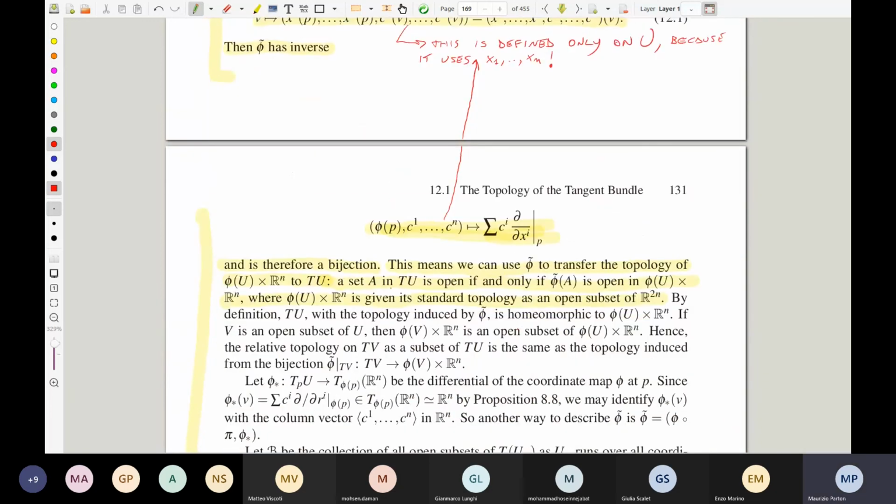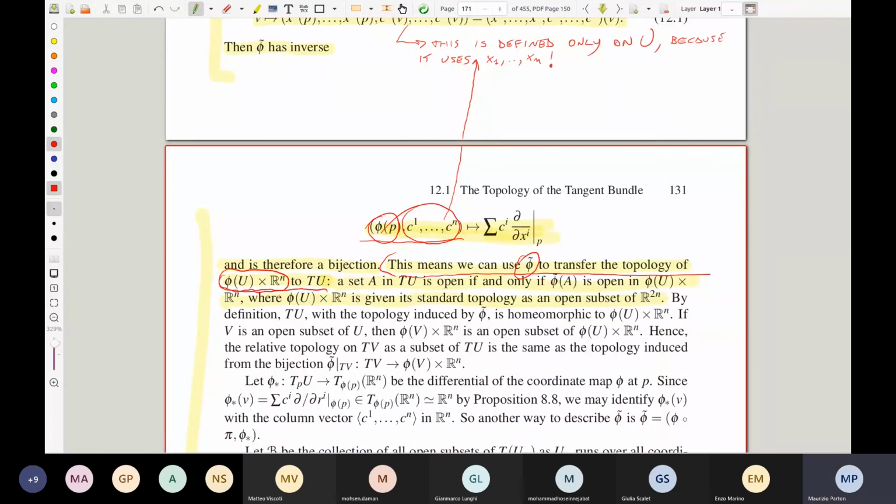So this is the meaning of the sentence. This means that we can use this map, that is the identification. You see, this is the point, these are the coordinates of the vector tangent at that point. And this means we can use this map to transfer the topology from here to the chart. This means that this is a chart.